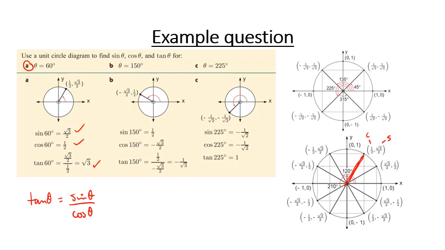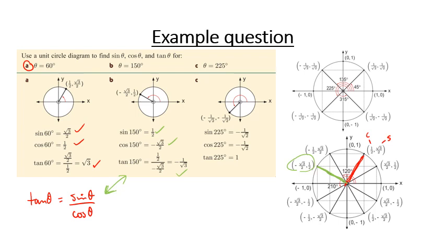If we're looking at 150, that's right here, on our multiples of 30. Again, we've got our half for sine, and negative root 3 on 2 for cosine. We divide those using this formula, and we end up with negative 1 over root 3.